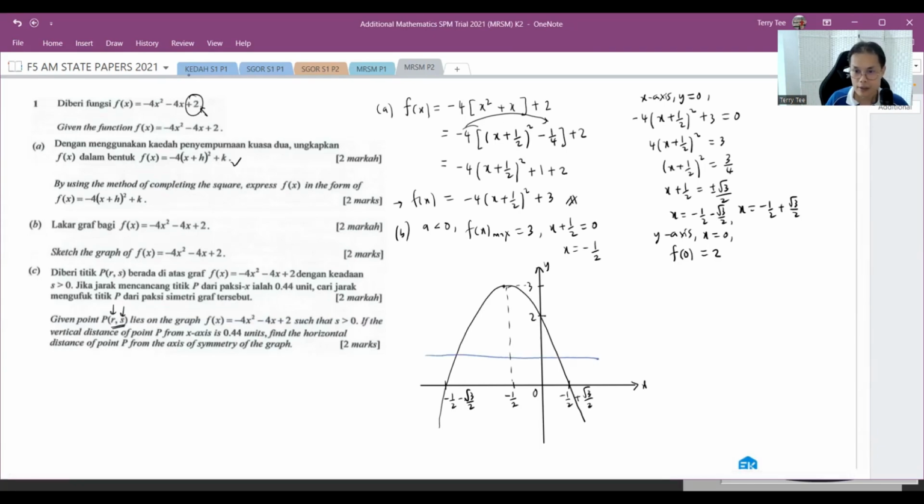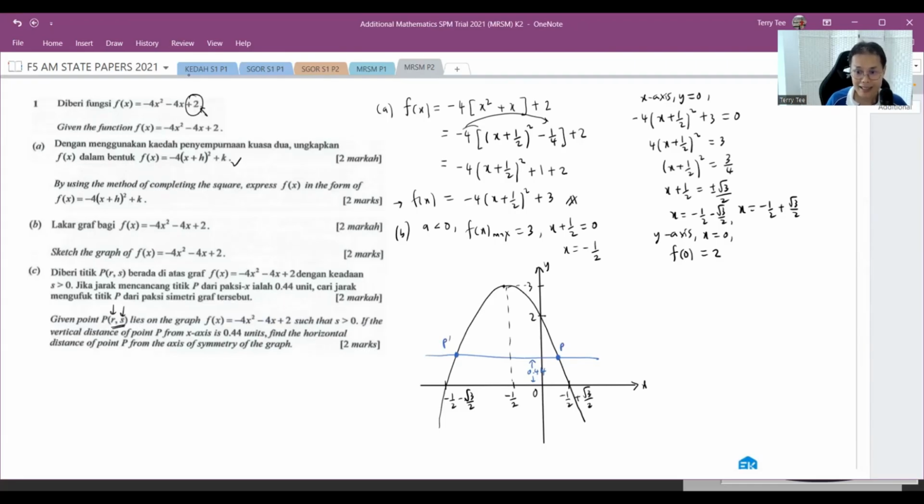The vertical distance from the x-axis will be this 0.44. Okay, so you have a point on the graph. The point can be here, right? And you're supposed to find the horizontal distance of P from the axis of symmetry. Well, your P can be here. I just put a P and a P prime if you like.